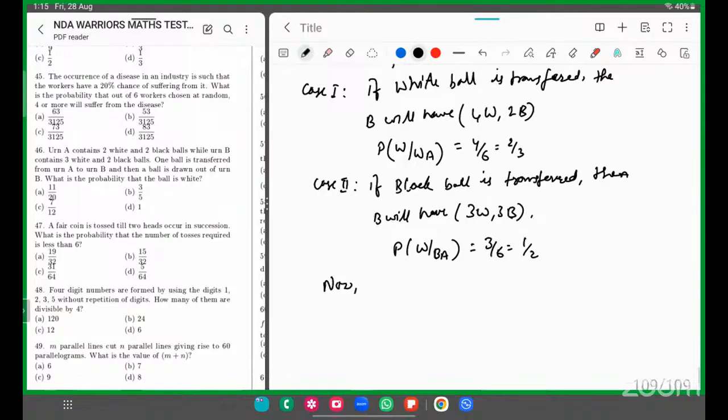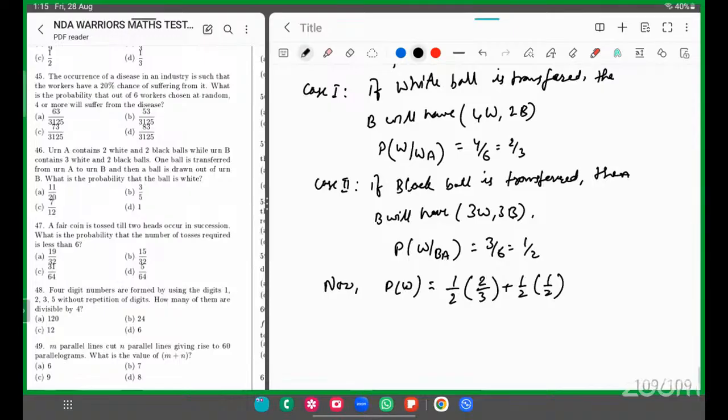Now the probability of white ball will be 1 by 2 into 2 by 3 plus 1 by 2 into 1 by 2, which is 7 by 12.